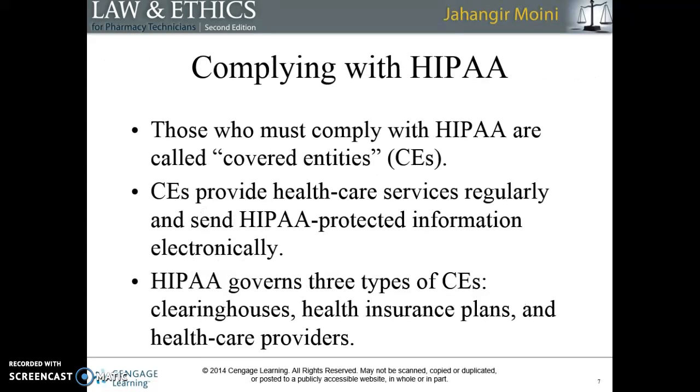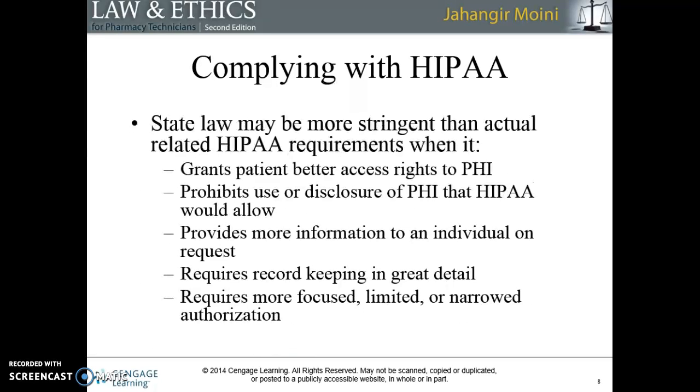The folks that are required to comply with HIPAA are what we call covered entities. Covered entities are basically 3 groups: clearinghouses, health insurance plans, and healthcare providers. As a pharmacy and pharmacy technician, we would be considered healthcare providers. We're going to be communicating, obviously, with health insurance plans, so we're both considered covered entities.